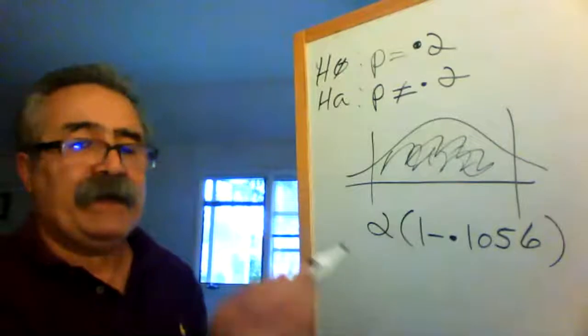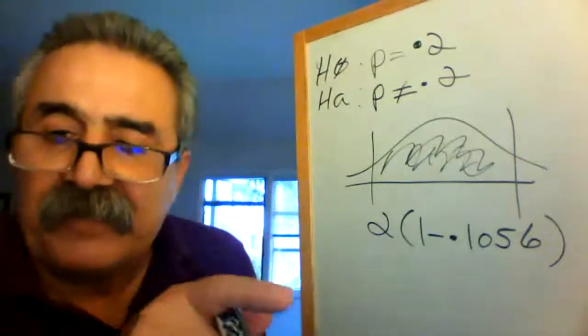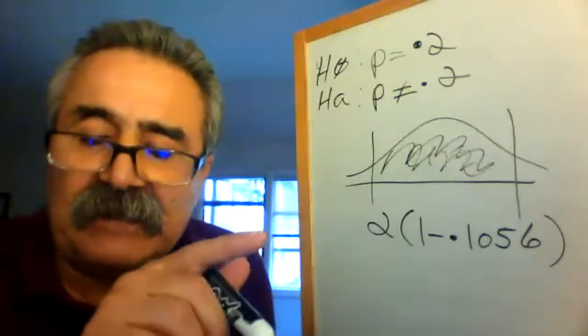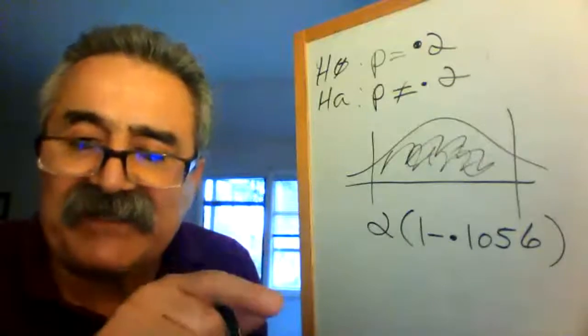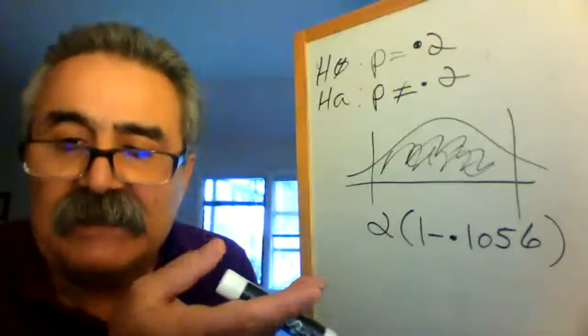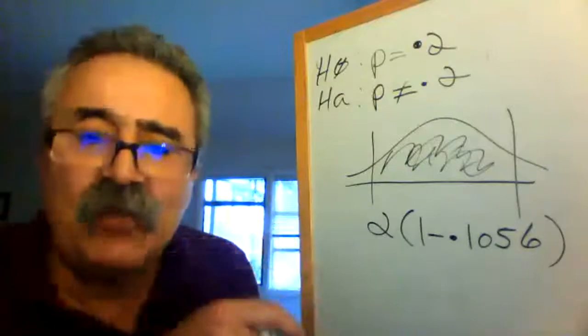Okay? But you are correct. If the p-value is 0.1056, you have to multiply by 2, and it is going to be 0.2112.